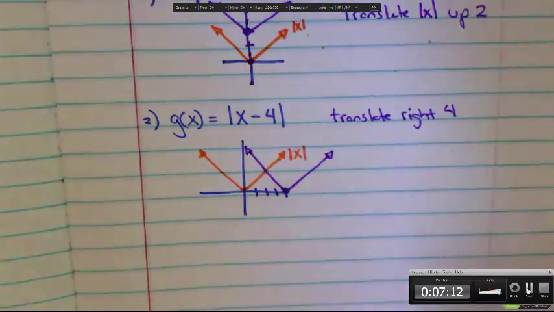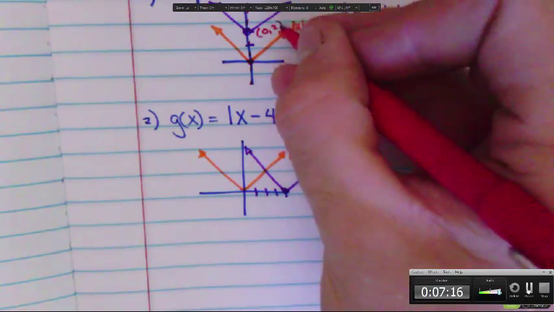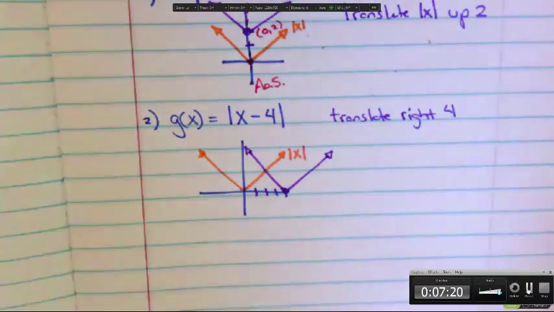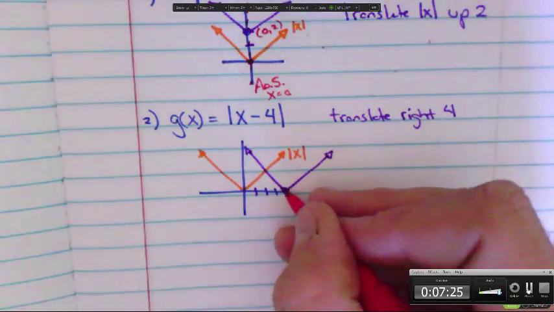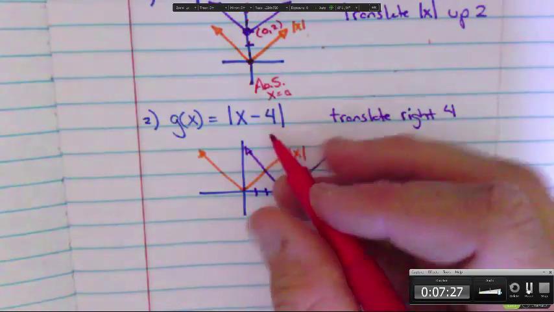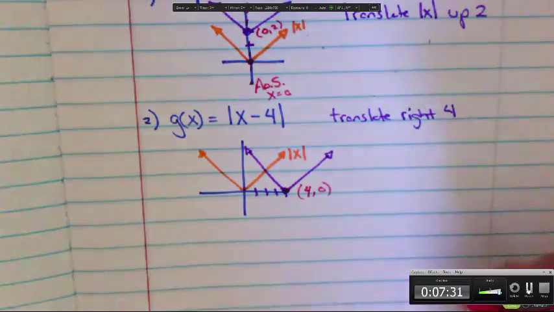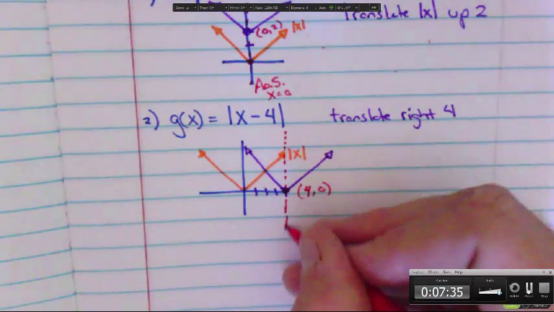Now when you do that, looking up here, the vertex was at 0, 2, but the axis of symmetry, we'll call that AOS, is still at x equals 0. When we move this one, x minus 4, we translate it right 4 units. The vertex is at 4, 0. Our axis of symmetry has also moved.